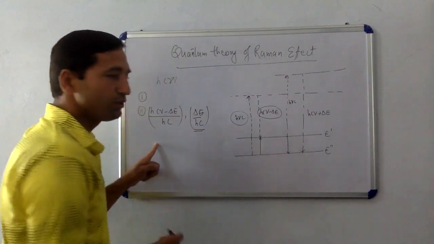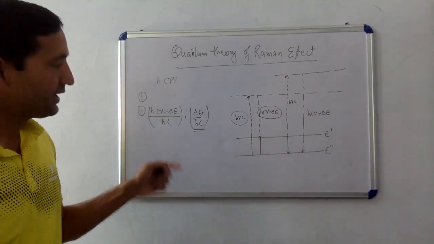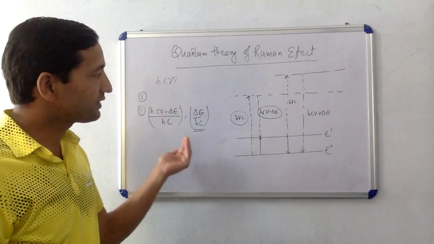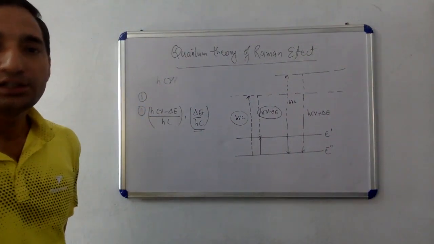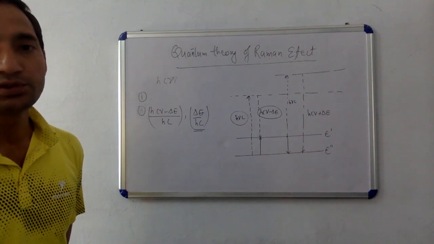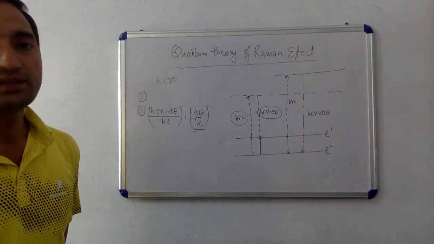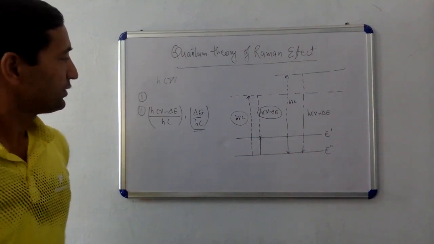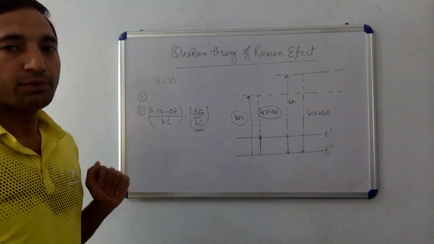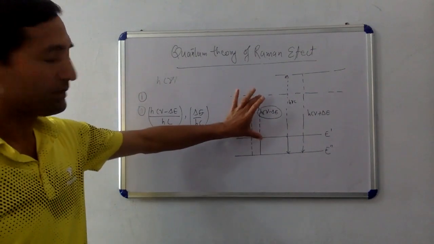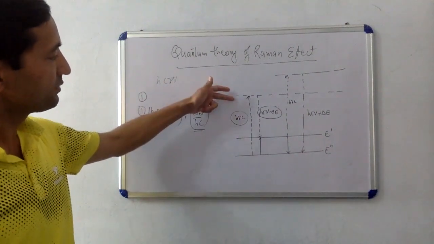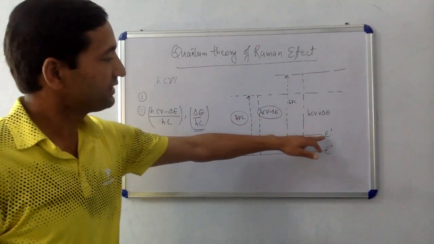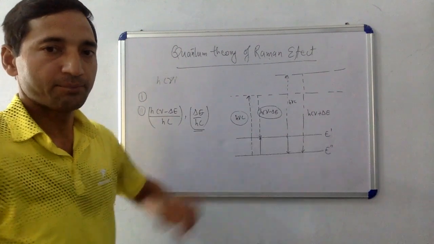This shift is on the lower side of the Rayleigh frequency, and these are called the Stokes lines, which have the smaller frequency or smaller wave number, taking this much energy and de-exciting, with the final state being E single prime.